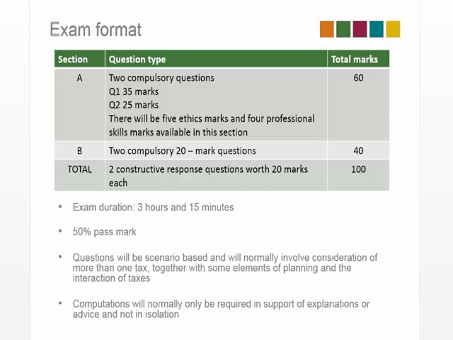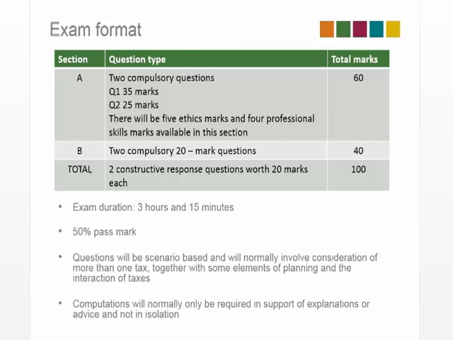And then the final thing just to mention about this exam is that you will not get a purely numerical question, which perhaps you would have had in your earlier taxation studies. Advanced taxation is about skills and advice.